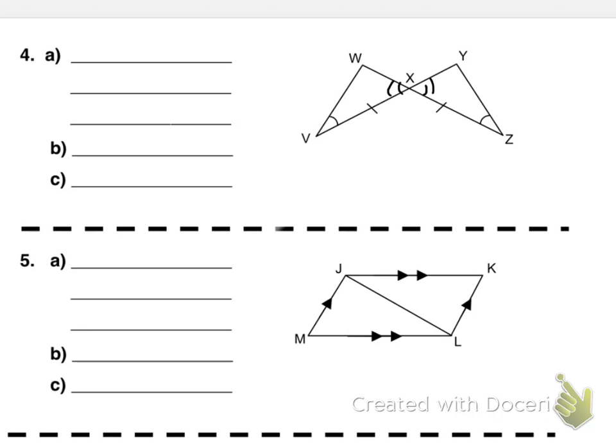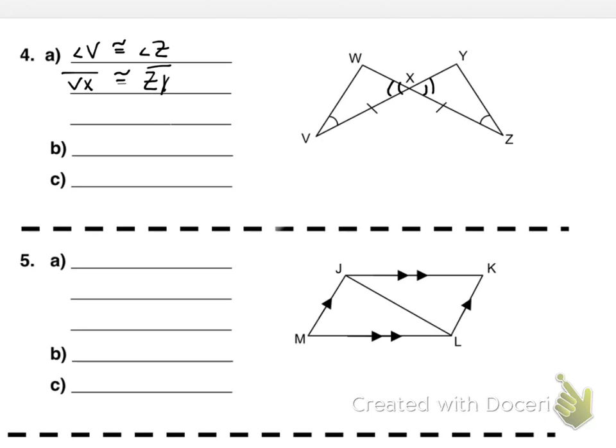We are given a side and we're given another angle as being congruent. So angle V is congruent to angle Z. Line segment or side VX is congruent to ZX.